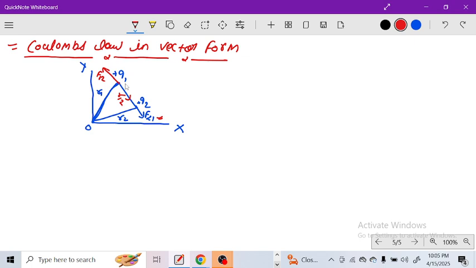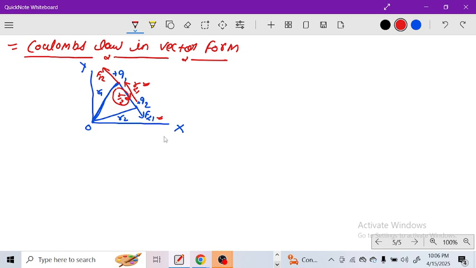Understood, Kavya? And when considering the force on charge 1, the distance between them is r21. 2 to 1 means force on charge q1 due to charge q2. The distance between them is r21.